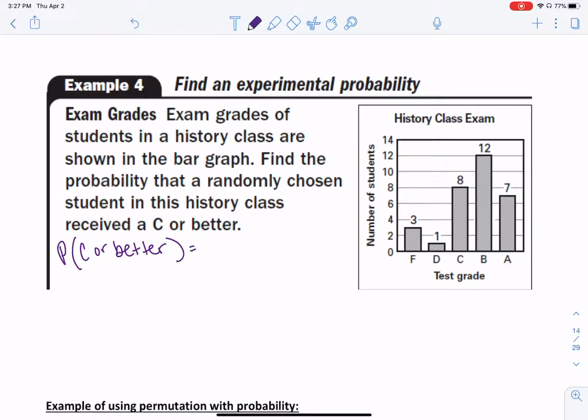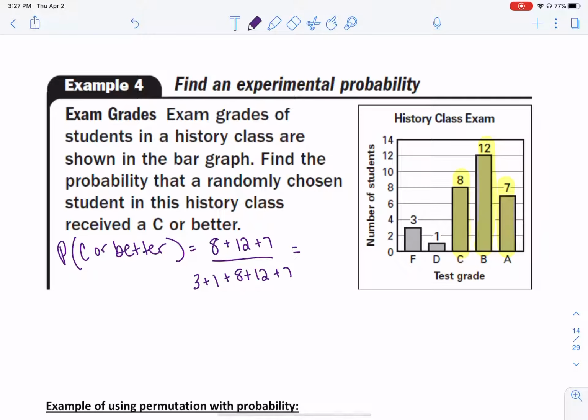Okay, so the probability of a C or better would be equal to, all right, well, the students who got a C or better, that would be these people right here that I'm highlighting. So we want to take 8 plus 12 plus 7 over the total amount of students. So that would be 3 plus 1 plus 8 plus 12 plus 7.